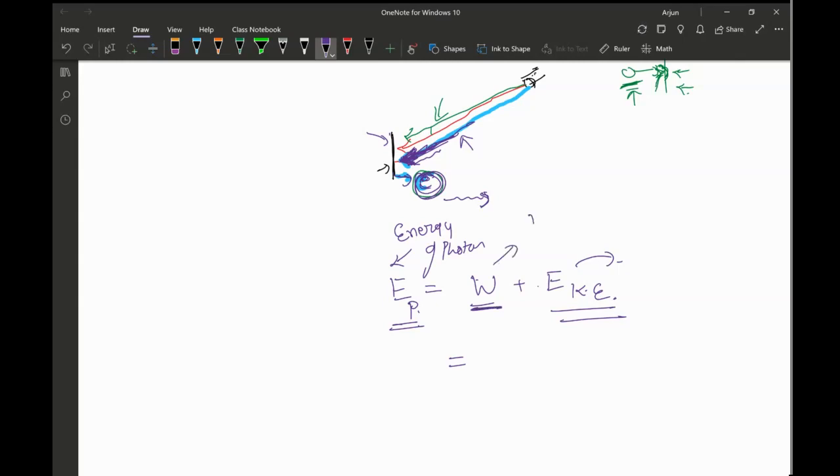What is the work function? Minimum amount of energy required to pluck the electron from the surface.